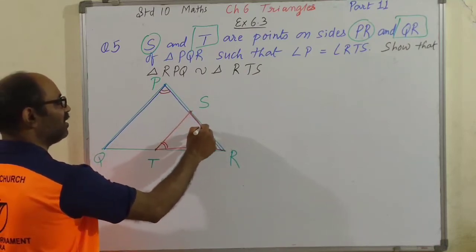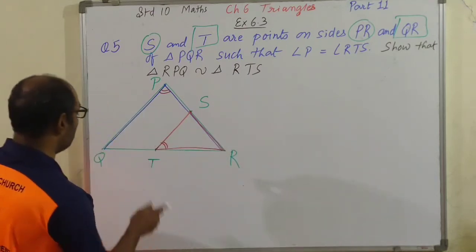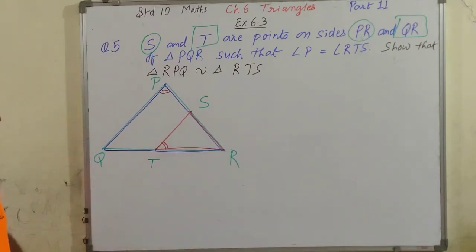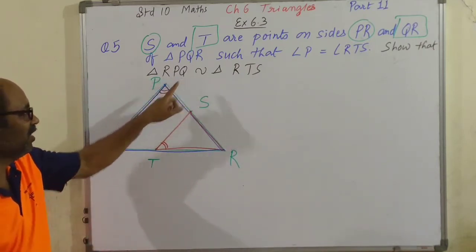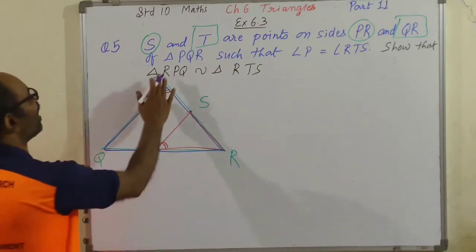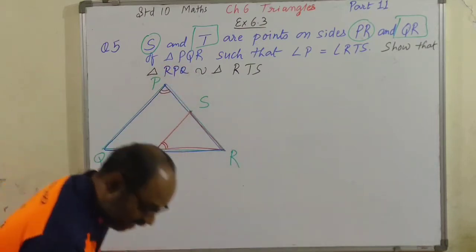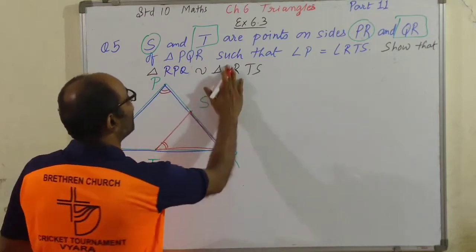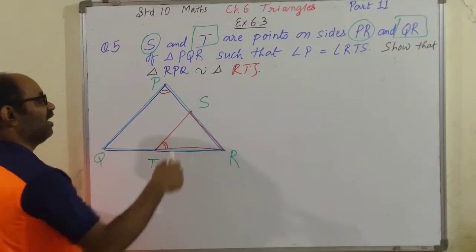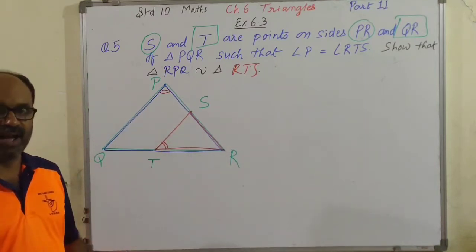You can consider this as red triangle. And of course, this blue triangle. Alright? और वही है RPQ. That is blue triangle. RPQ is blue triangle. And RTS, that is red triangle. You have to show that blue triangle is similar to red triangle.